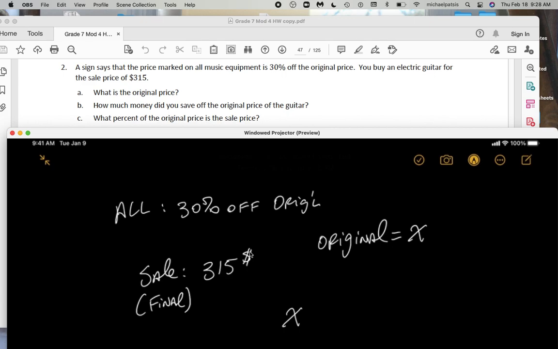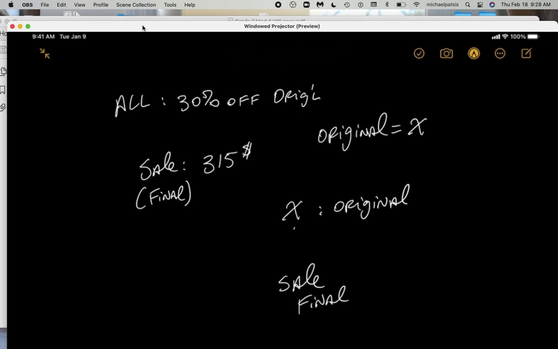Then the sale price is going to be lower, or the final price, because we're dealing with a discount situation. So x is the original. It starts out higher. Then, as we move down from the original to get to the sale price, we take 30% off of the original.